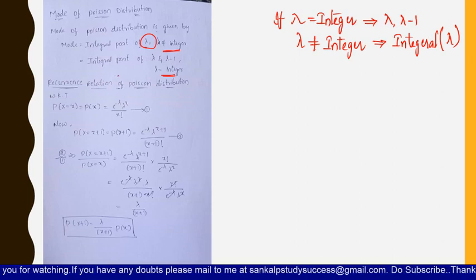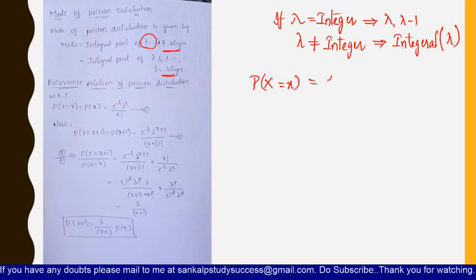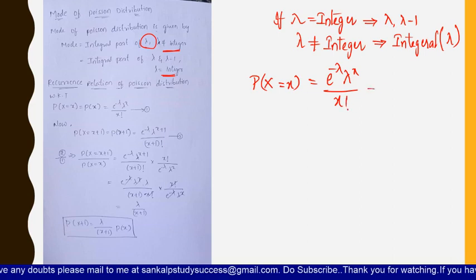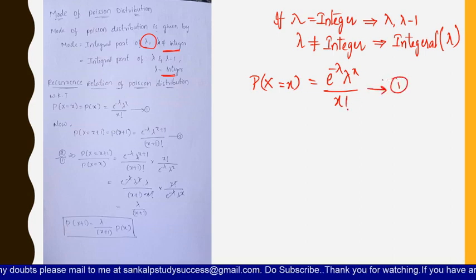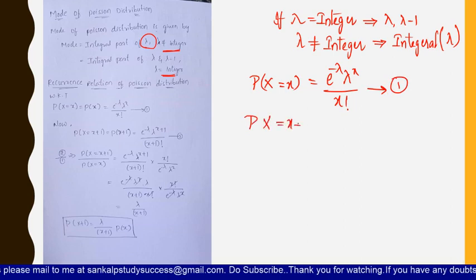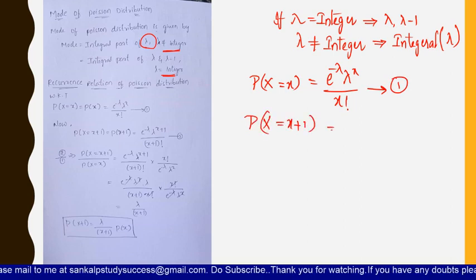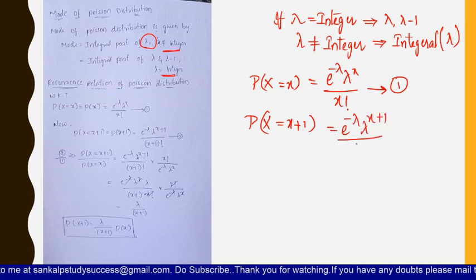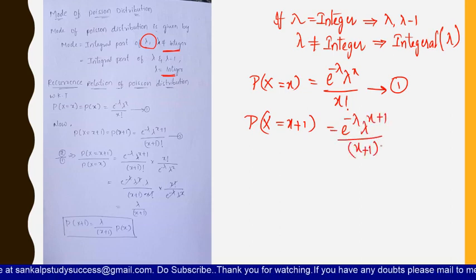So now let us see what the recurrence relation of the Poisson distribution is. Here we already know that p of x is equal to e power minus lambda into lambda power x by x factorial, which is nothing but the first equation. Now if you consider the next term, that is x plus 1, then you will get e power minus lambda into lambda power x plus 1 by x plus 1 whole factorial.